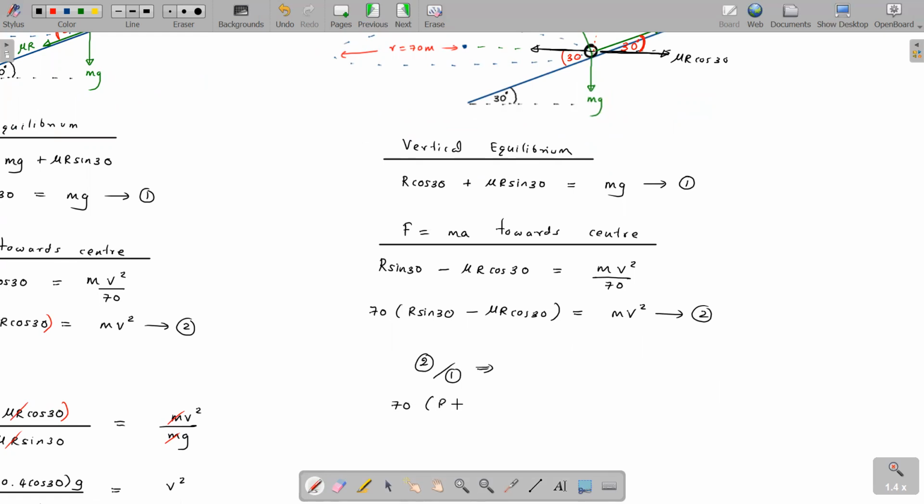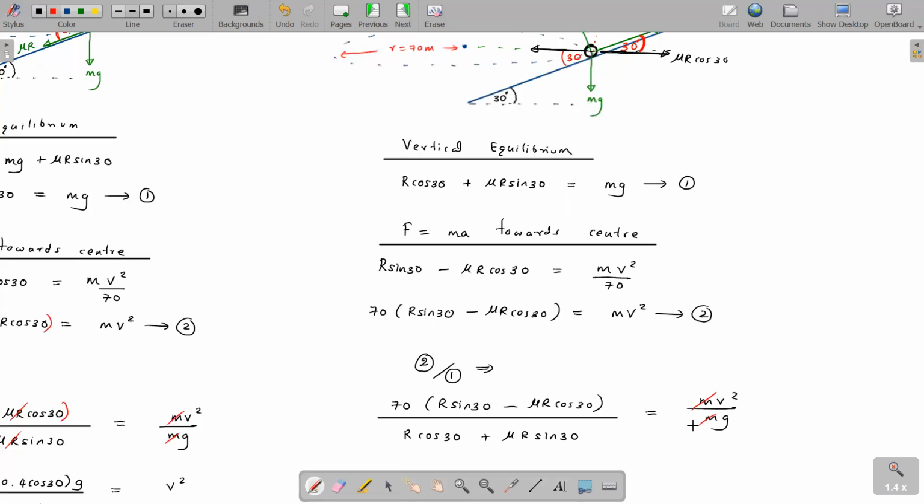So 70 times R sine 30 minus mu R cos 30, divided by R cos 30 plus mu R sine 30 is equal to mv square over mg. Equation 2 divided by equation 1.